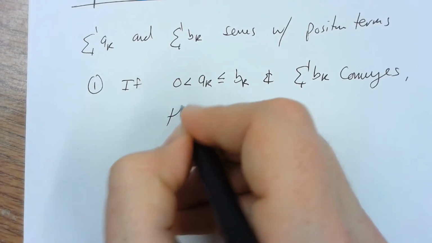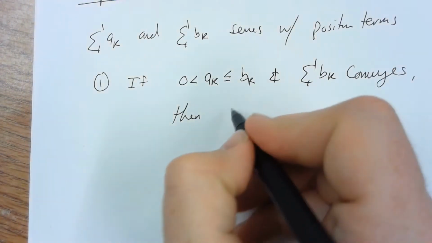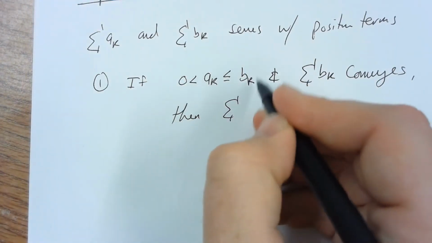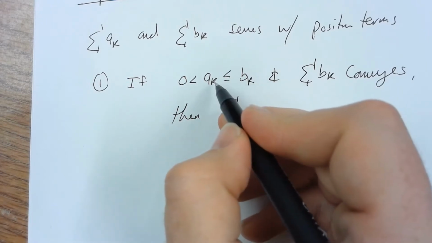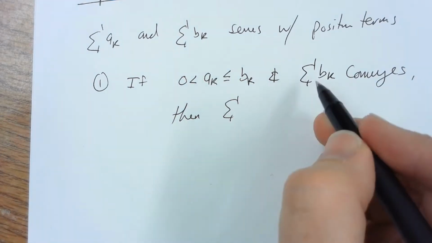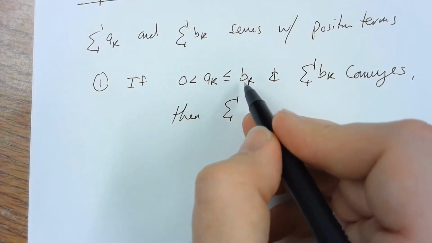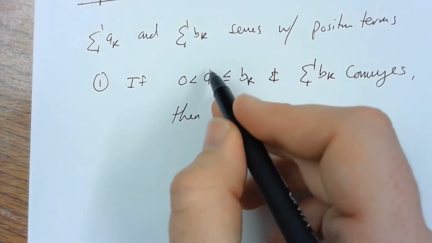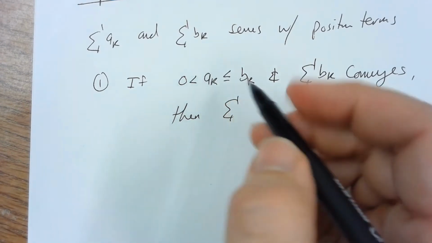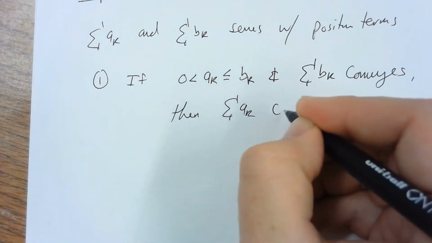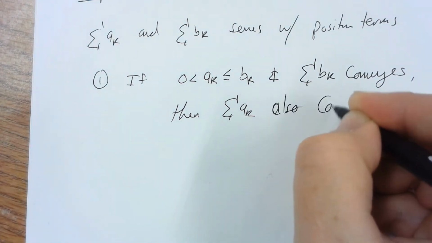Then it should logically make sense. Again, this should just logically make sense that if this term, for every single term, is larger than a sub k, and the series of b sub k does end up converging, the terms that are smaller than it, if they all add up, then a sub k should also converge.